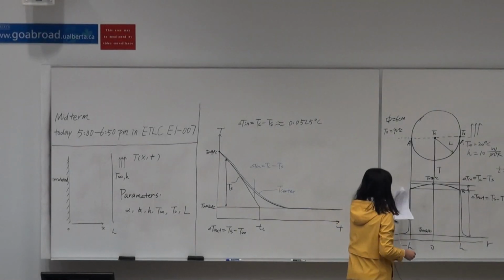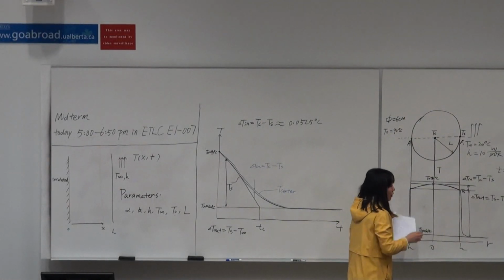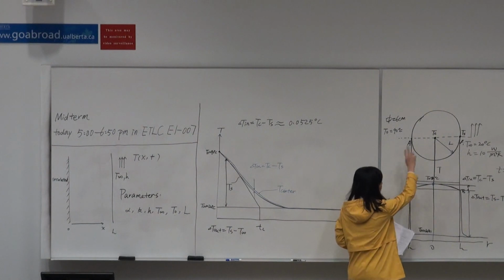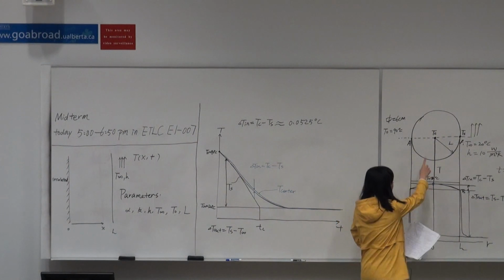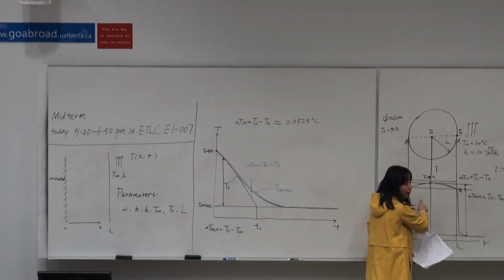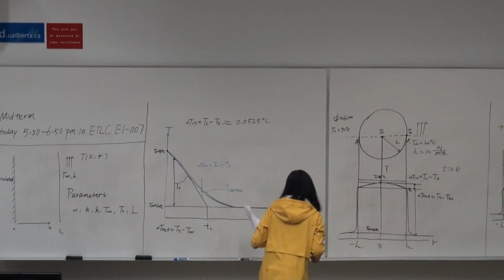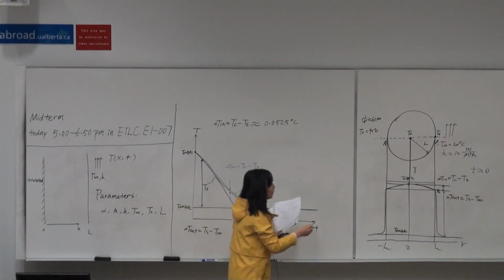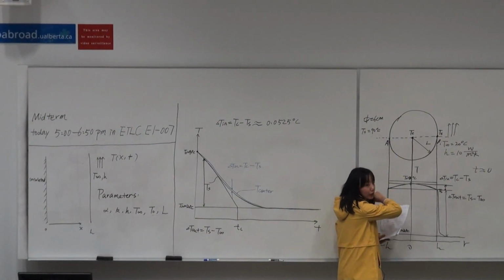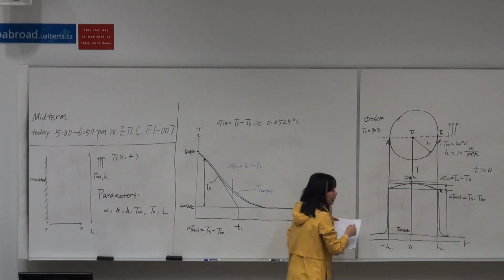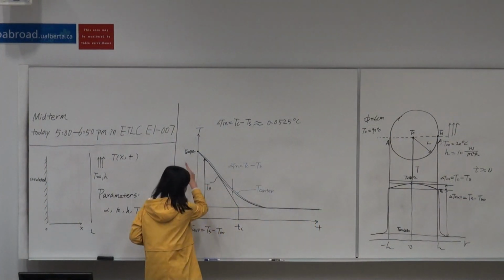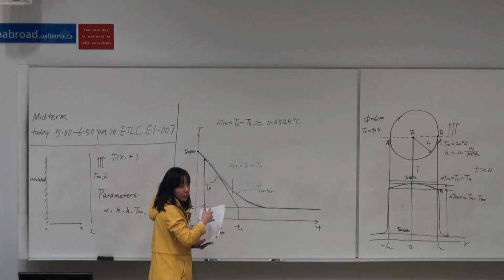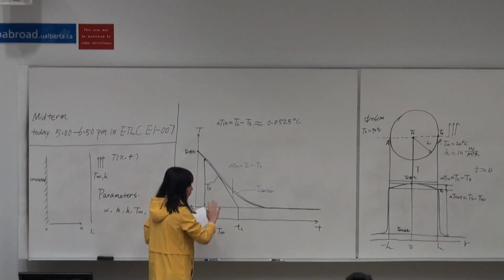For the distribution, we pick a time, then study how temperature varies for different points inside our sphere. But for the temperature evolution curve, we pick a fixed position, like the center, which is the blue curve, and the surface, which is our black curve here, and study how it varies with time.